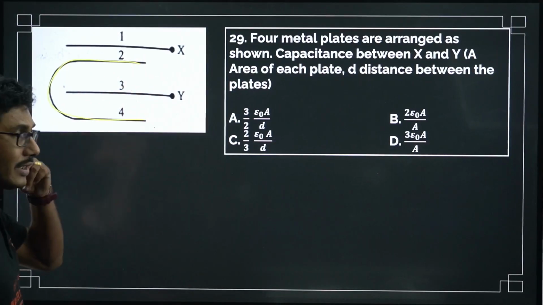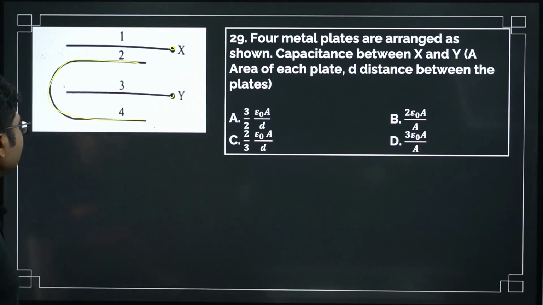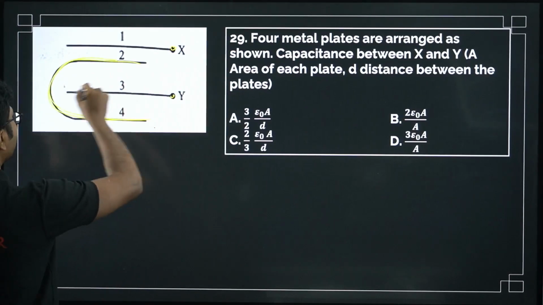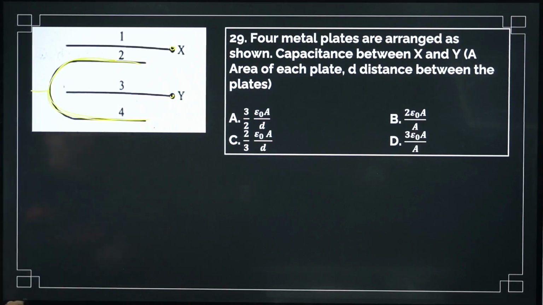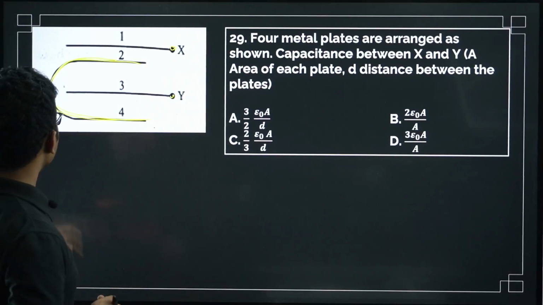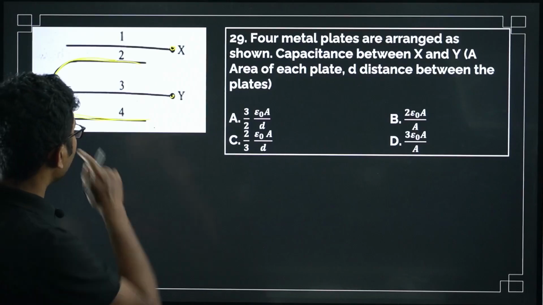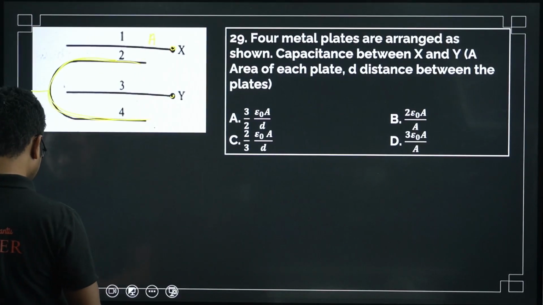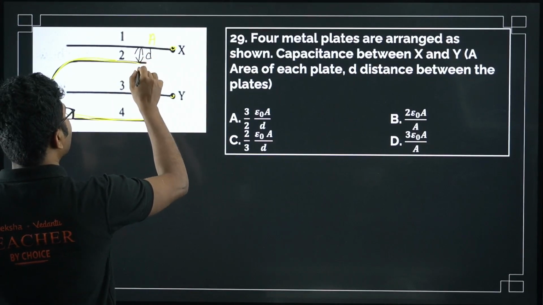Okay, you have to calculate the capacitance between X and Y. Now, if you see that these 2 points are connected directly, but there is no connection here, so they are at the same potential. The area of each plate is A and the distance between each of them is D. So this is D, this is also D.